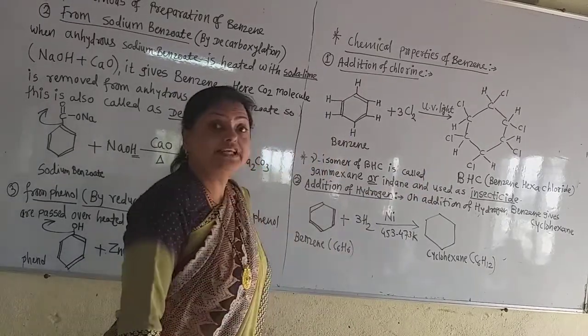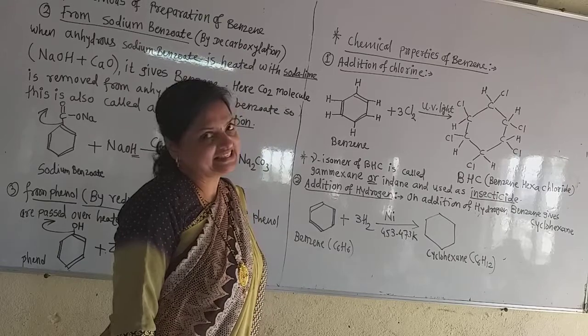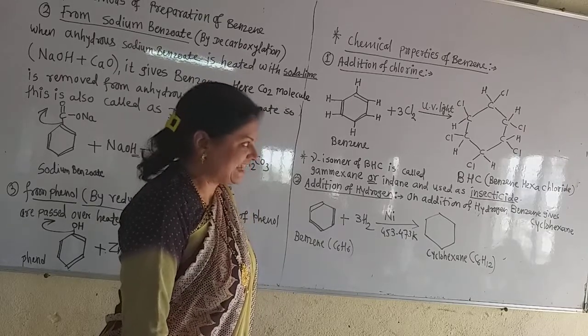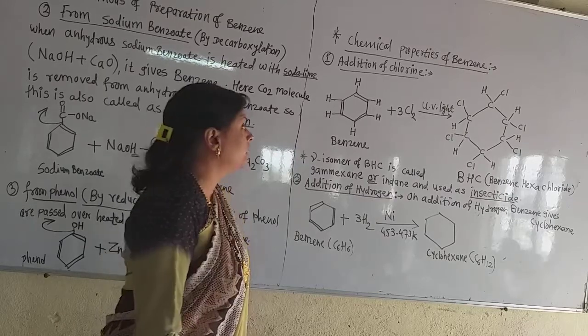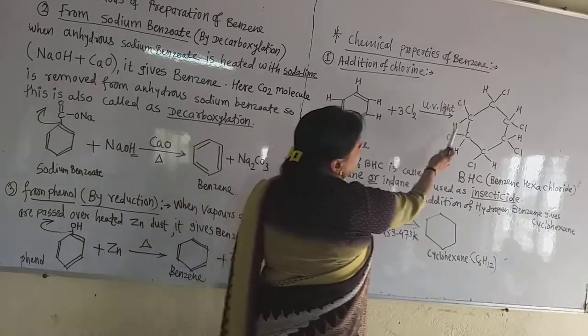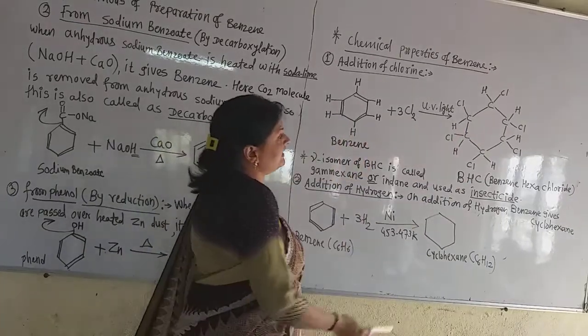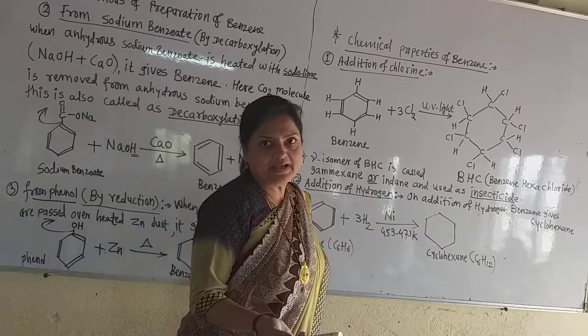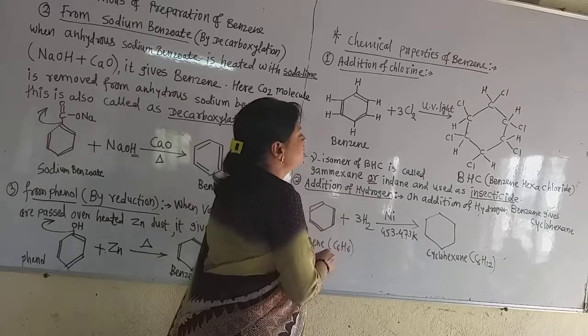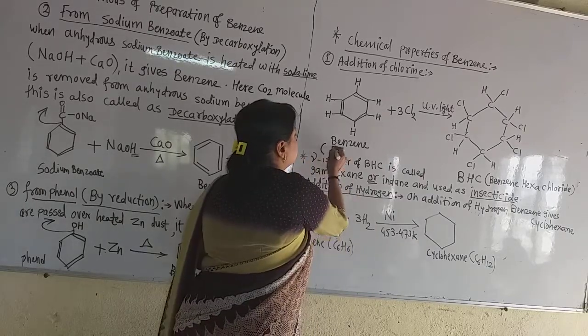Now the name of this product is BHC, benzene hexachloride. Why is it called benzene hexachloride? Because 6 chlorine atoms are there. Now see here, these 6 hydrogens are already in the benzene. The molecular formula of benzene is C6H6.